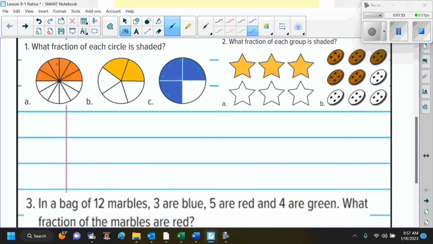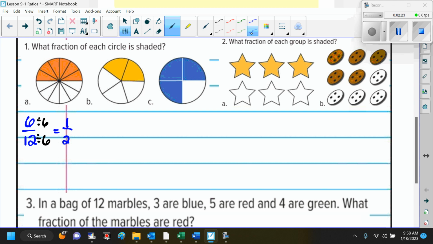There are 1, 2, 3, 4, 5, 6 of them, right? And out of how many total? 12. So that's going to be 6 out of 12. And yes, we can simplify that by dividing by 6, of course. This is how we show our work. And then we end up with 1/2. Is everybody clear? You always simplify, if you can.